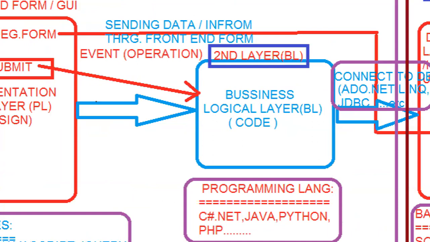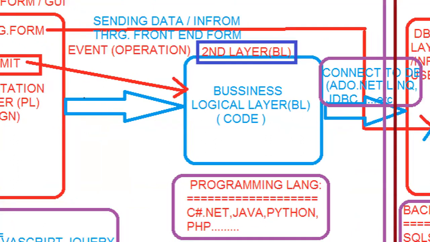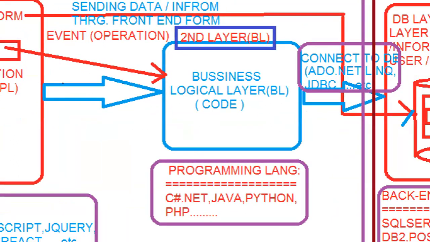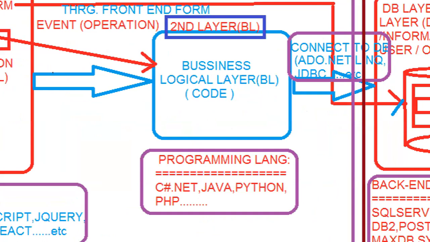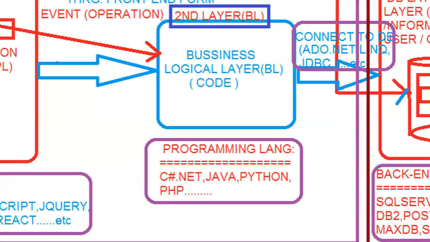When the submit button event fires, I need to write some business logic code. And you write that too, because you are a full stack Java developer. For that you need knowledge of Java programming; for .NET people, C#; for Python people, the Python language; for PHP people, core PHP. So these kinds of languages are required here.